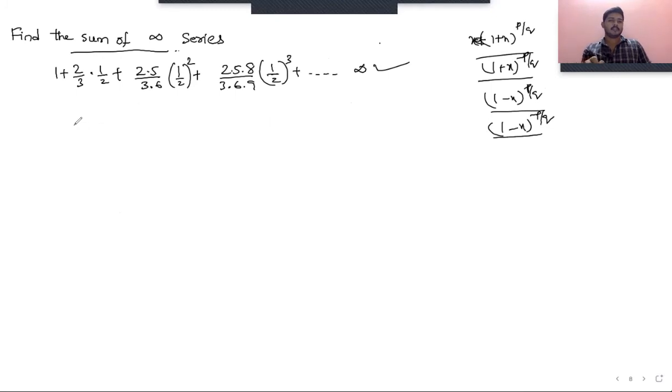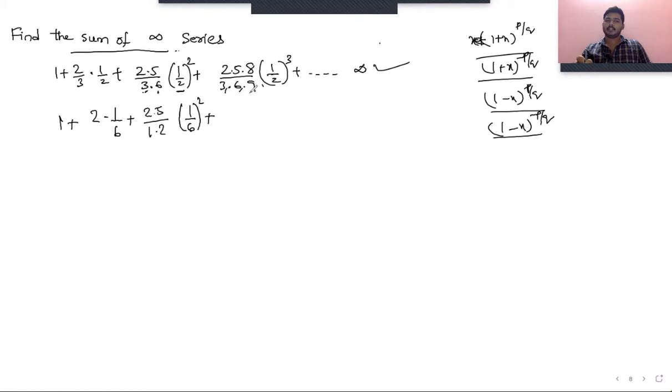So if you observe this, it can be written as 1 plus 2 into 1 by 6 plus, if you take 3 and 3 from this, there will be 3 into 1, 3 into 2, right? So both of these threes, if you send it inside this bracket, it will be 2 into 5 by 1 into 2 into 1 by 6 whole square, plus here also 3 into 1, 3 into 2, 3 into 3.